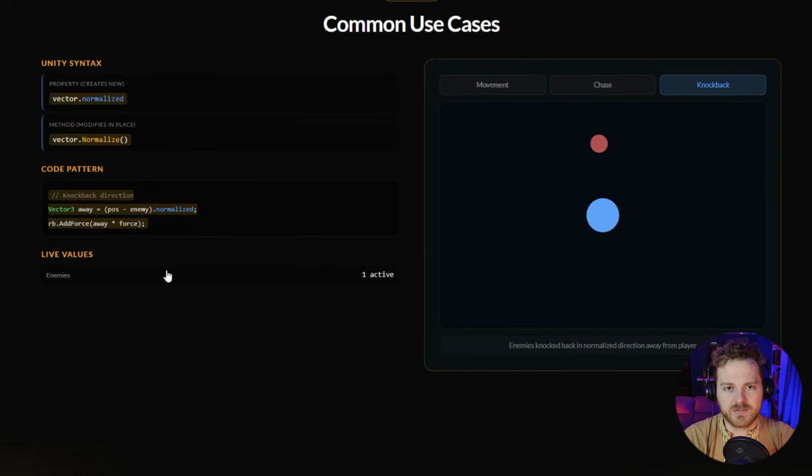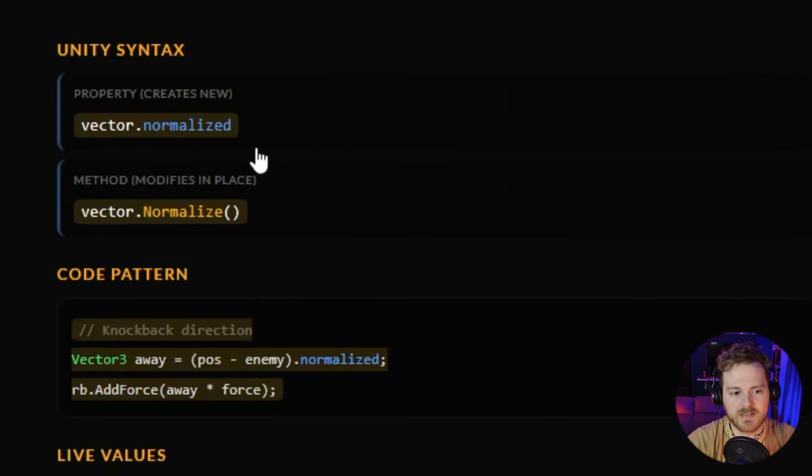One important difference when it comes to Unity code: you probably noticed that there are two ways of getting the normalized vector. The first one is vector.normalized. This doesn't modify the existing vector, it just returns another vector that is the normalized version, of magnitude 1.